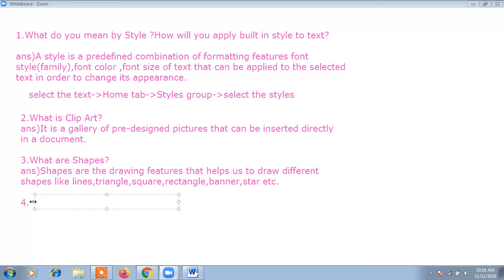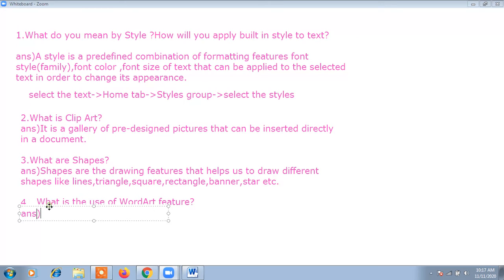Now the fourth question is, what is the use of WordArt features? This also I have already explained. Just write the answer. Only the question and answer are pending, so that one I am discussing here.